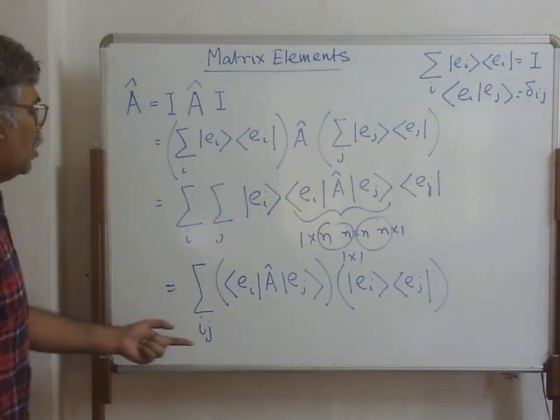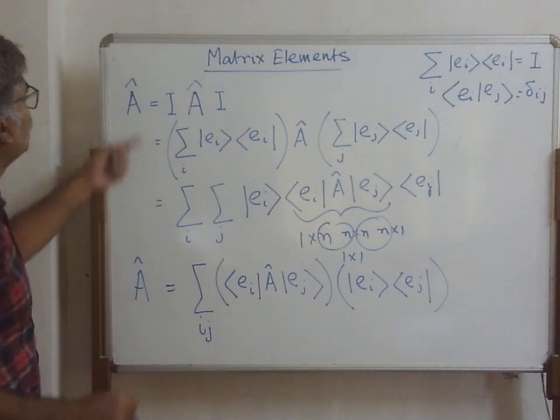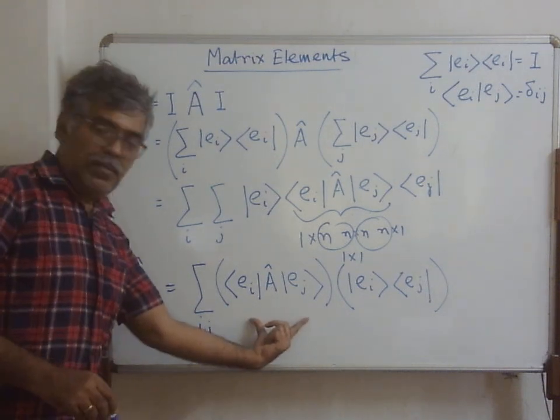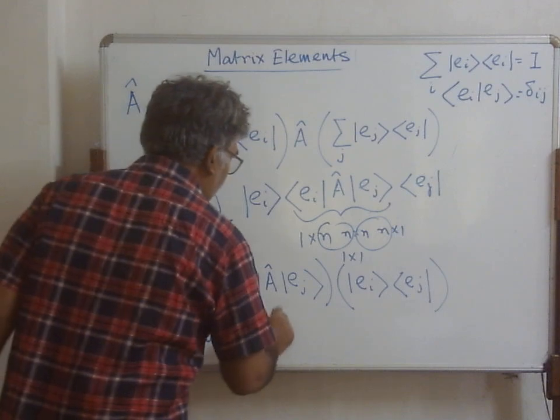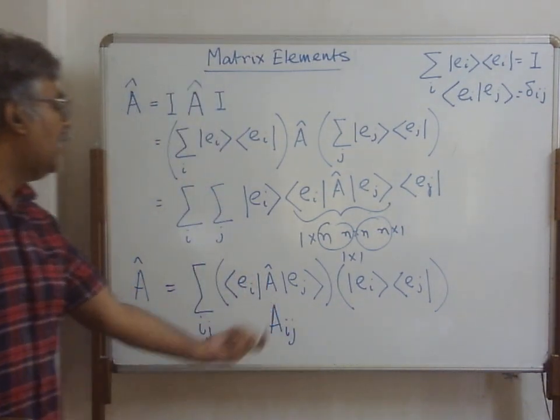So that's the formula, and this is the A operator. This left side is carried over. Now this is A_ij. I am telling you that this is the matrix element.